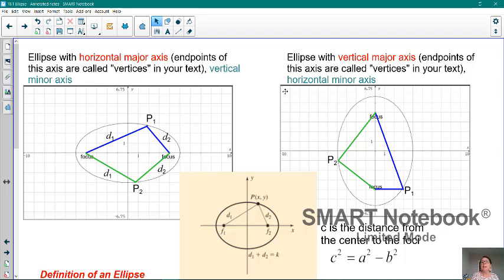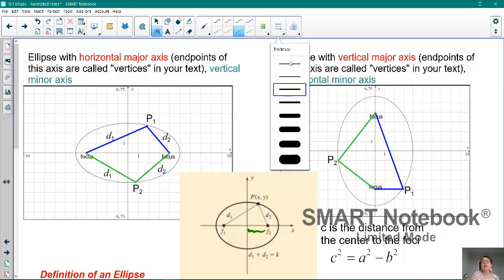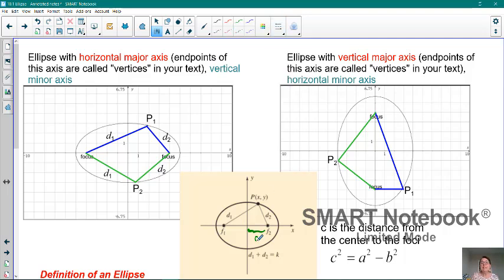And then the other axis, whether it be the taller one or the wider one, left and right in x, that's going to be your minor axis endpoints, and it doesn't really have a special name. Okay? Another thing that you need to know is the distance from the center to each individual focus is c.